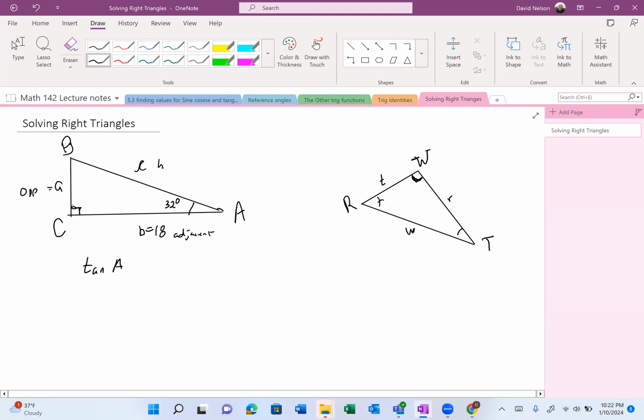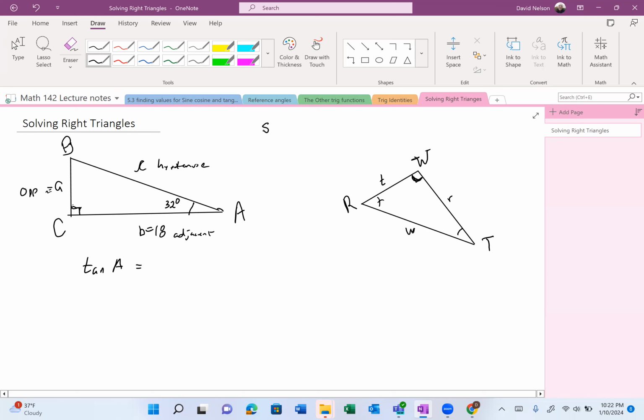And we've got c here as the hypotenuse. So if I want to find side a, I see that's the opposite side, and I've got the adjacent side there. And so I know that the tangent ratio relates the opposite and the adjacent sides.